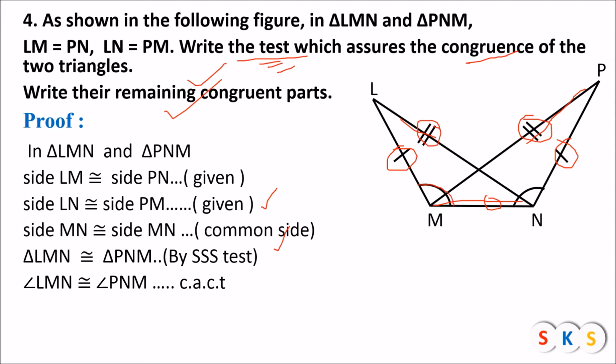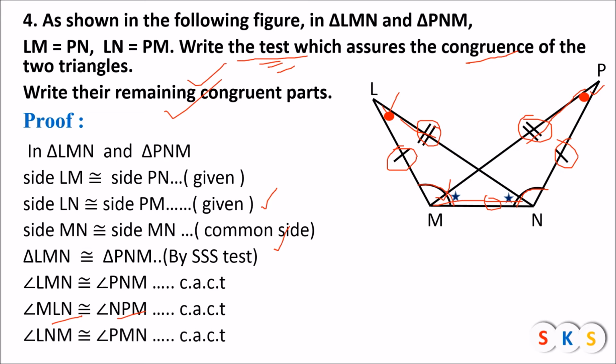Also angle MLN is congruent to angle NPM, this angle L congruent to angle P, by CACT. And you can see in this figure angle LNM is congruent to angle PMN, this angle, by CACT.